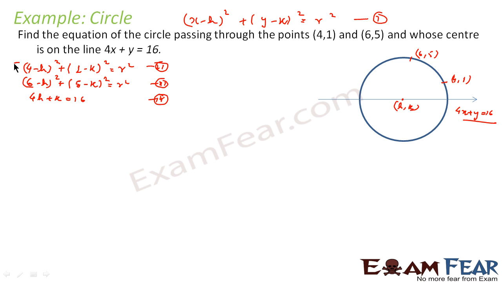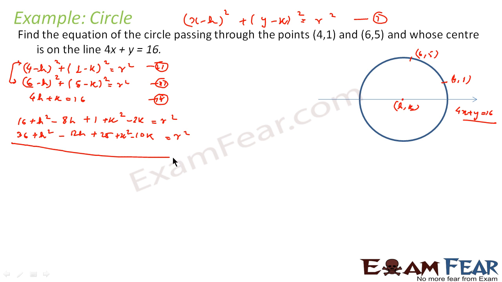So now let's subtract these 2 equations. If we expand this, what we get is 16 plus h square minus 8h plus 1 plus k square minus 2k is equal to r square, and this we get 36 plus h square minus 12h plus 25 plus k square minus 10k is equal to r square. So you subtract these 2 equations; r square cancels, h square cancels.